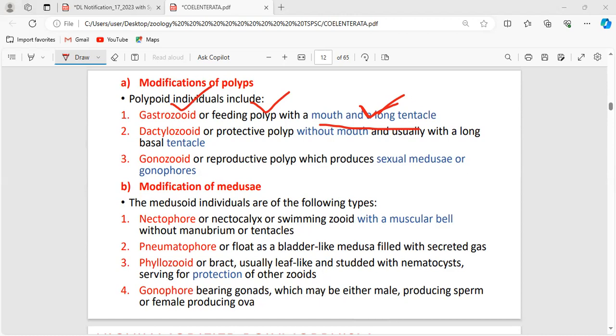Are you in the class or what? Polymorphism reaches its peak in which order? Under the Coelenterates. Okay.